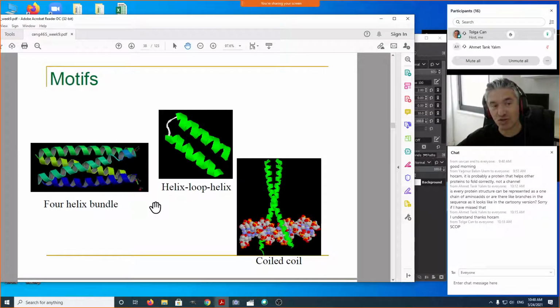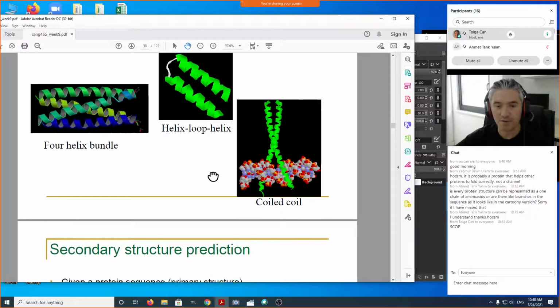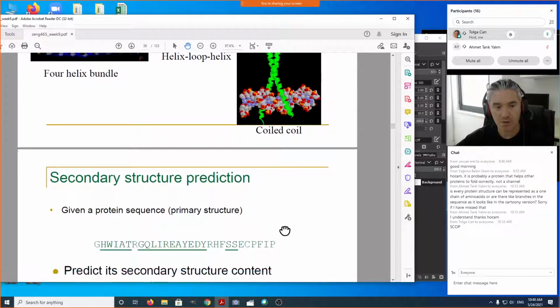These are called structural motifs. A motif is a certain shape, a certain small substructure, which is observed more frequently than random occurrence. Such things are called motifs. And if you study structural bioinformatics, you will see that these motifs are studied too.